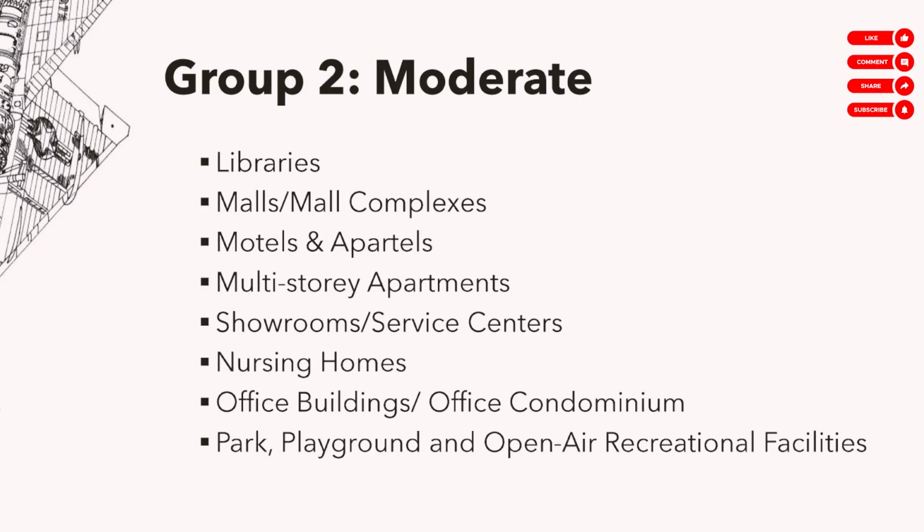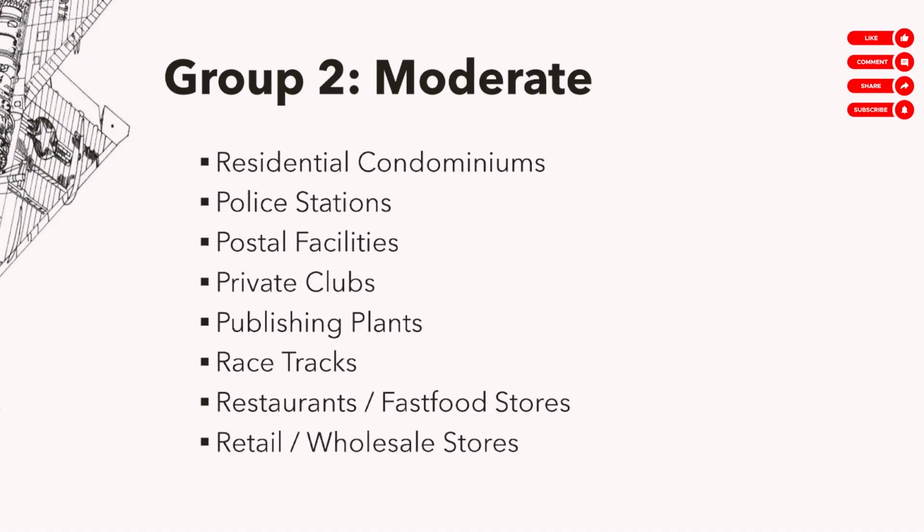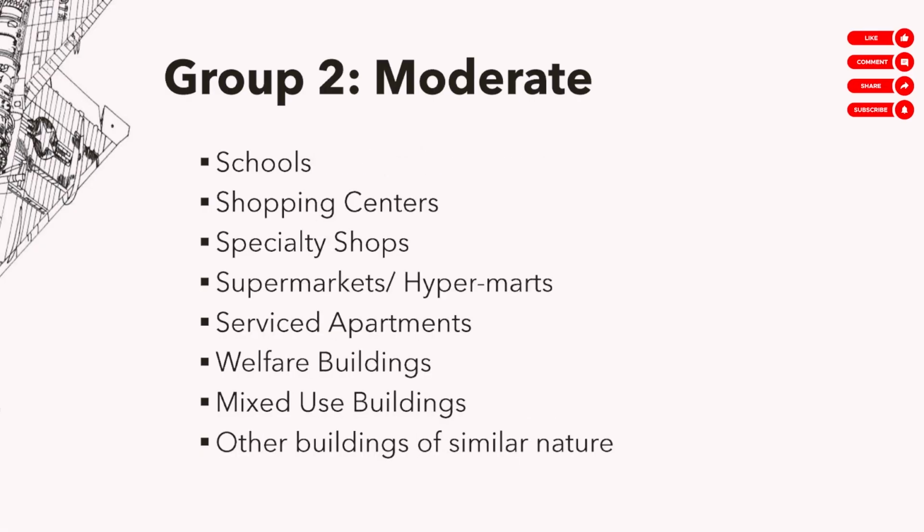You have library, malls, motel, multi-story apartment, office buildings. You also have residential condo, police station, restaurants, fast food, retail, wholesale stores, schools, shopping centers, supermarkets. It's a long list, as you can see.